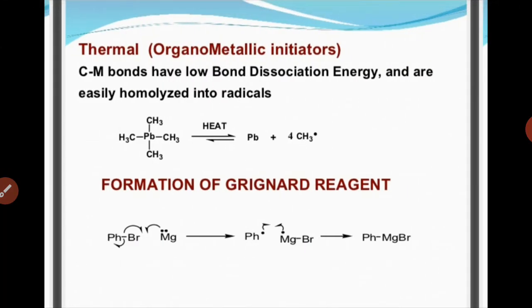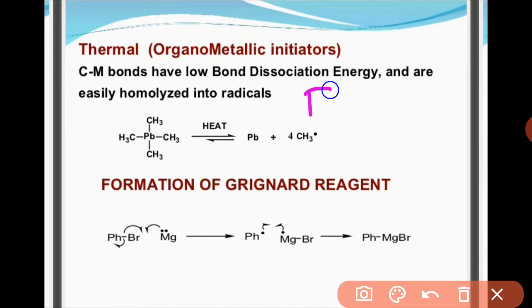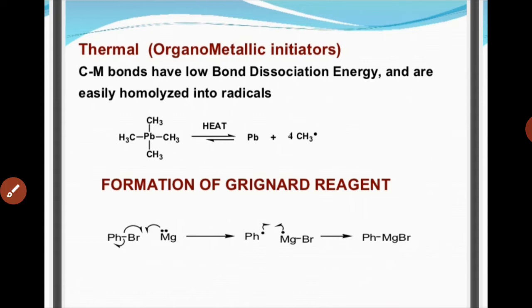Second is the thermal method. The thermal method is usually carried out by organometallic initiators. The organometallic initiators carry an organic part and some metallic part, where M indicates any metal. Here the C-M bond has very low bond dissociation energy and is easily homolyzed into radicals.